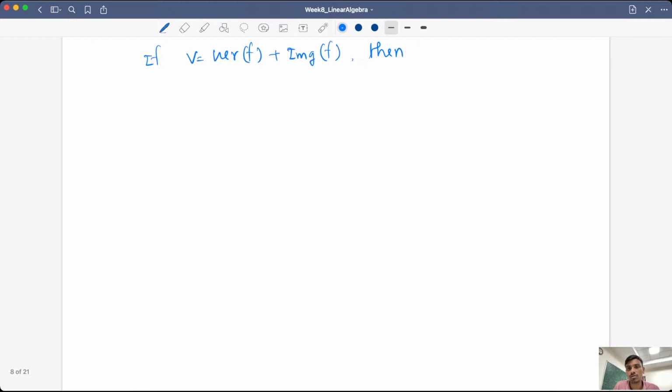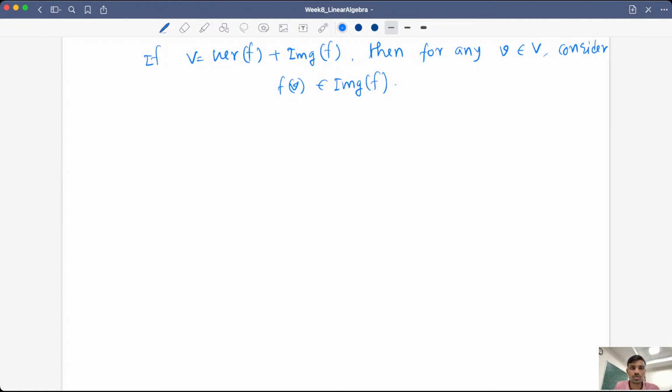So then for any V belonging to V, consider FV that will belong to the image of F, and I should be able to get a W such that F of V equals W.